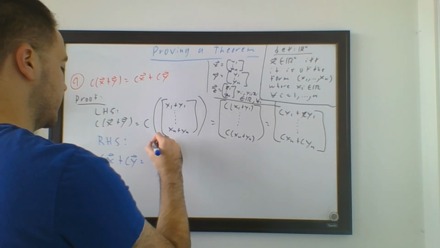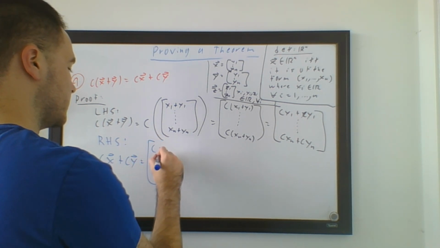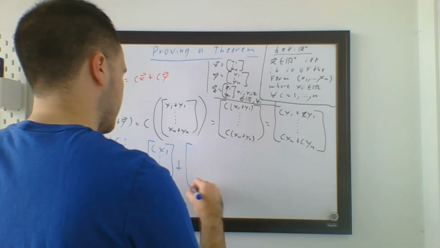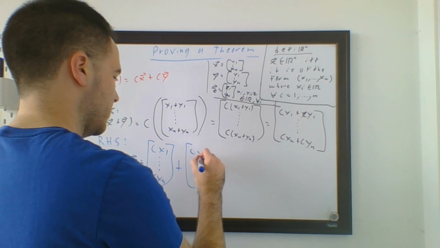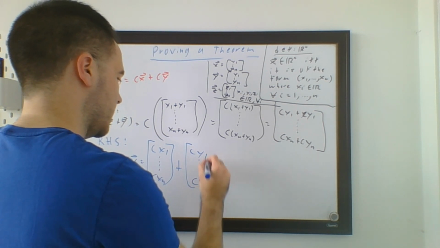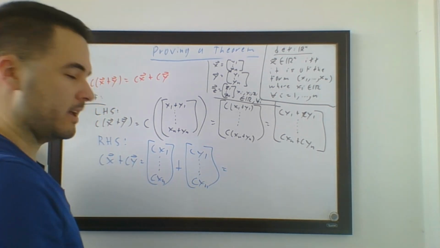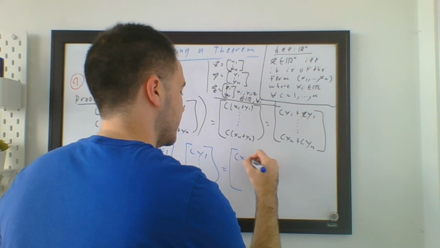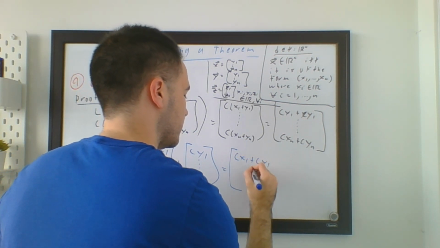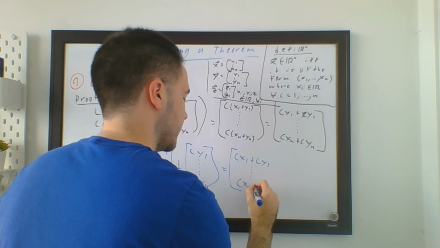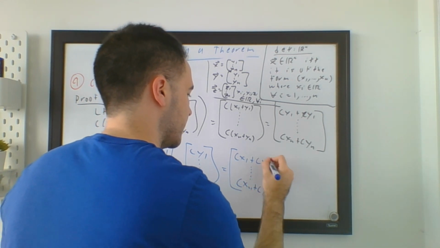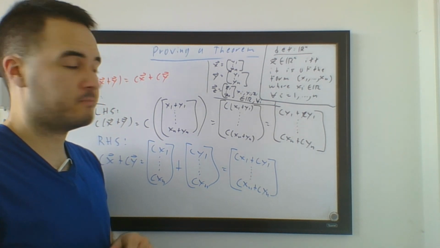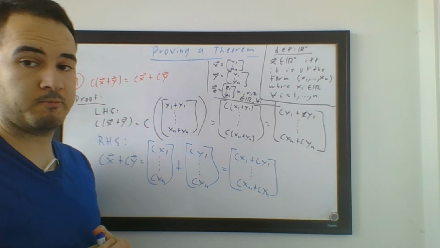We do our scalar multiplication for each, so cx1 all the way down to cxn, plus we do the same to the second, cy1 all the way down to cyn. And then we can use vector addition to add both of these together, and we'll get cx1 plus cy1 through cxn plus cyn. And since we have shown both of these are the same, this statement is true.